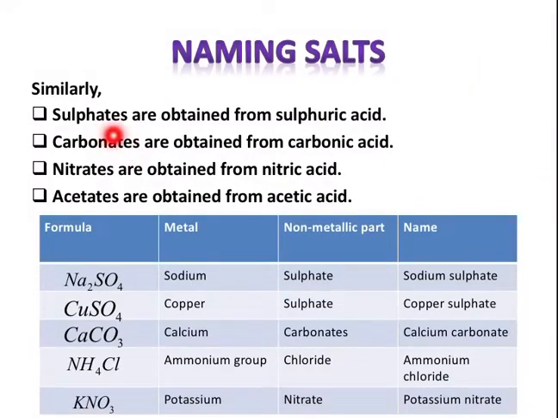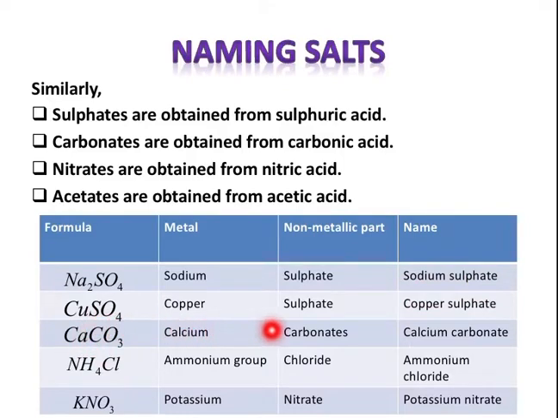Similarly, sulfates are obtained from sulfuric acid, carbonates from carbonic acid, nitric acid becomes nitrates, and acetic acid becomes acetates. There are a few examples I have taken here. In Na2SO4, that is sodium sulfate, the metal part is sodium, the non-metallic part is sulfate, and the name is sodium sulfate.